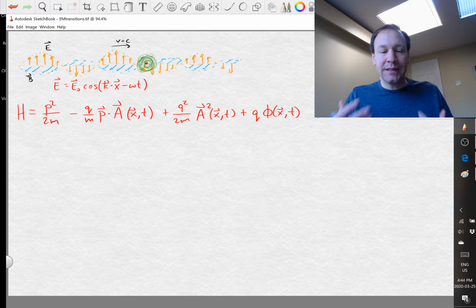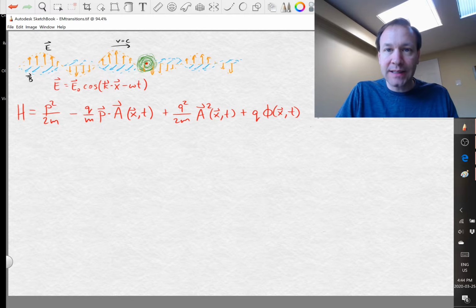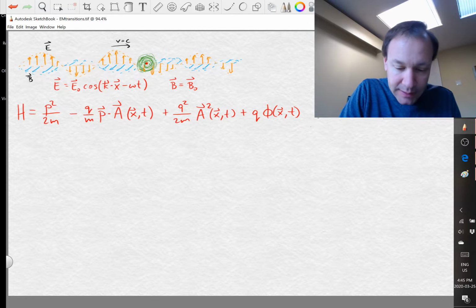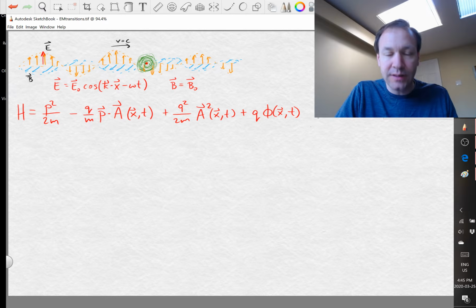And for light, the omega is just going to be the same as the magnitude of k, because the frequency and the wavelength are related for light. Okay, so that's the electric field, and then there's some perpendicular magnetic field. So B is going to be equal to, let's say E0 would be a vector that shows which direction the electric field is in.